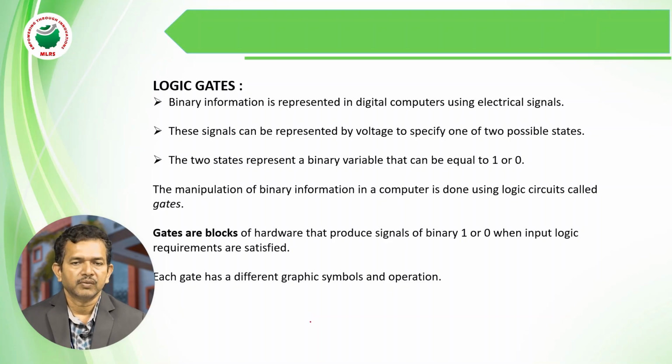Whatever states we are representing relate to that particular instruction. Suppose the instruction has been executed, or processed, or has given some result for us. If the result has been displayed or processed, then the state representation will be 1.